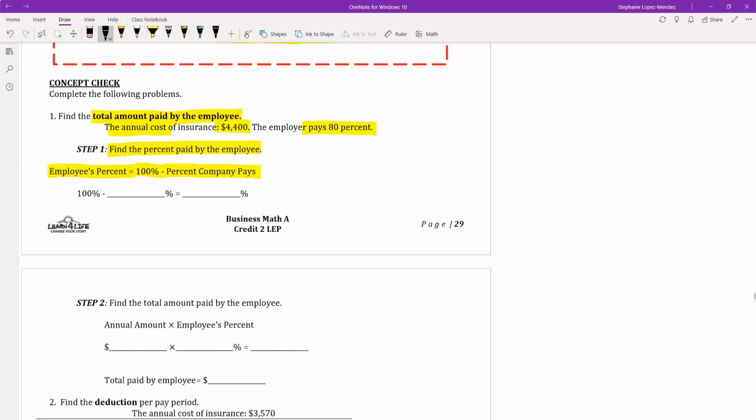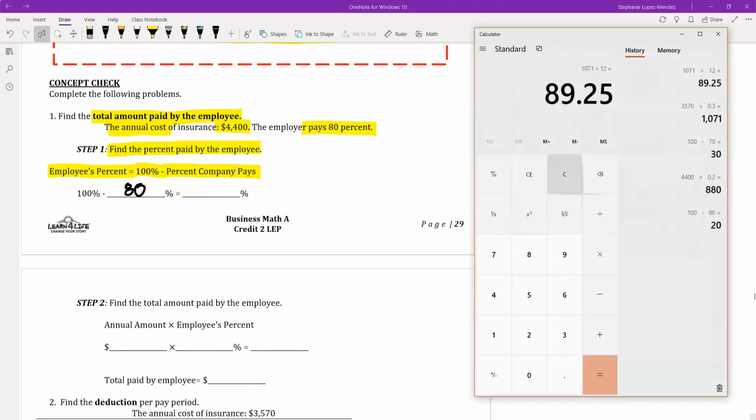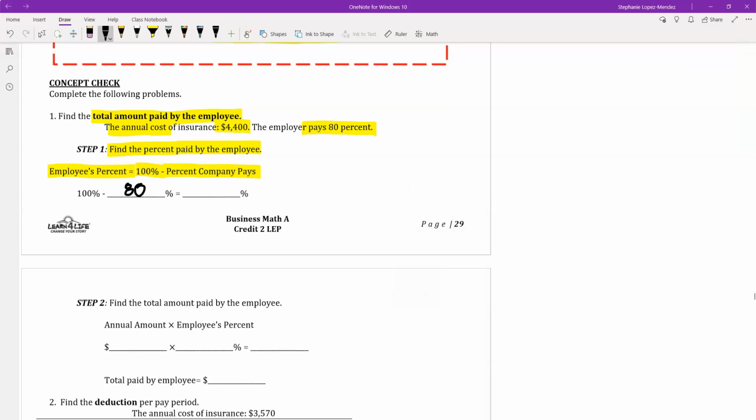We're starting from 100% since between the employee's deduction and the contribution of the company, per year you're paying 100% of the insurance. So I subtract what the employer pays, which is 80%. On my calculator, 100 minus 80 is a total of 20%.